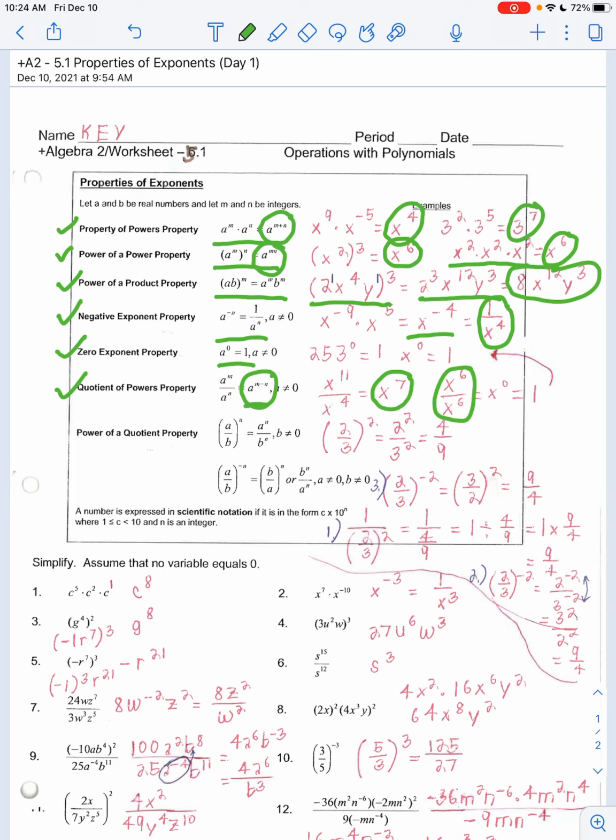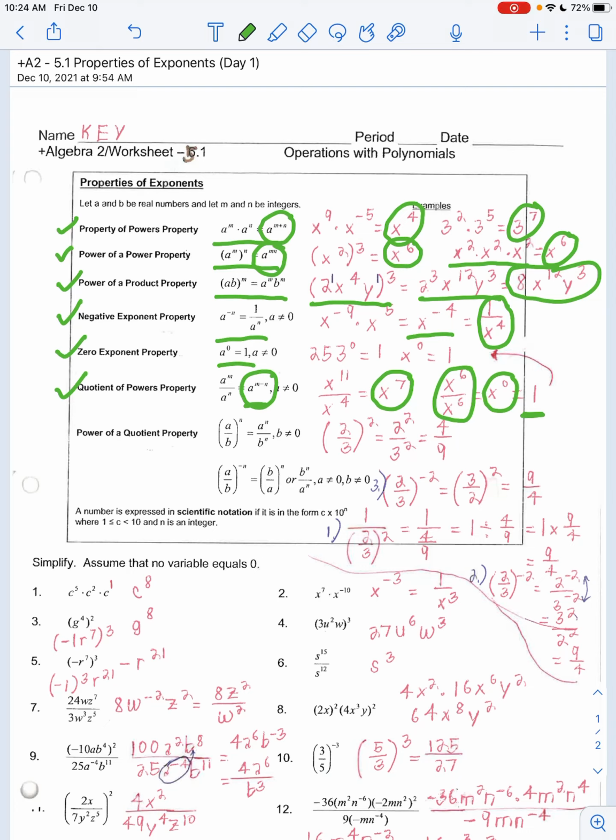Well, when you take x to the 6th over x to the 6th, when you divide those like bases and subtract the exponents, 6 minus 6 gives us x to the 0, which confirms why anything raised to the 0 power is really 1. That was the point of that problem.